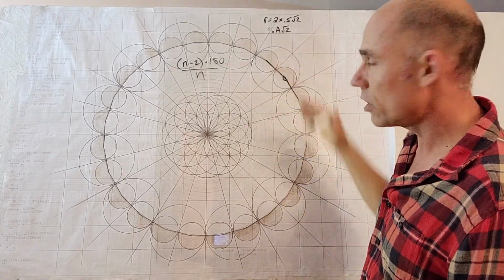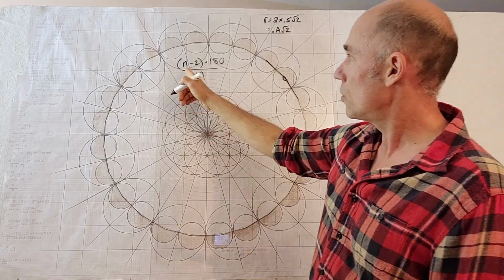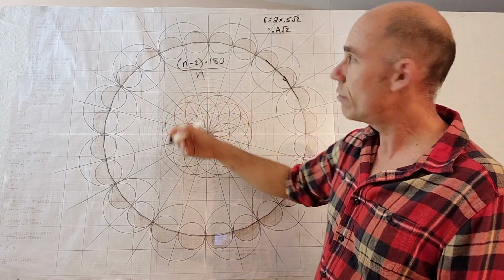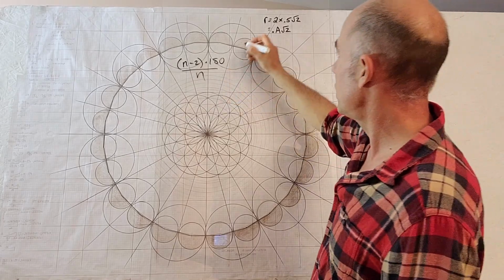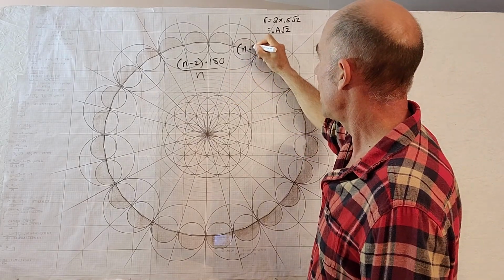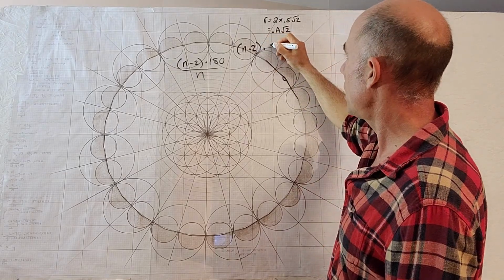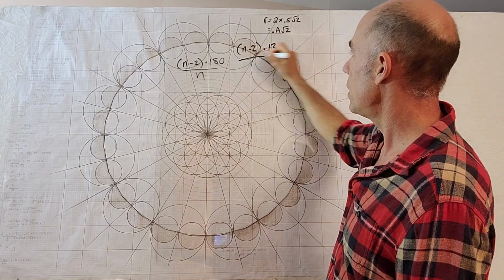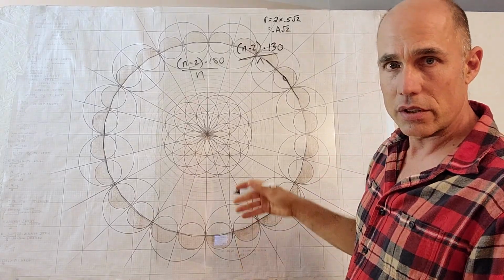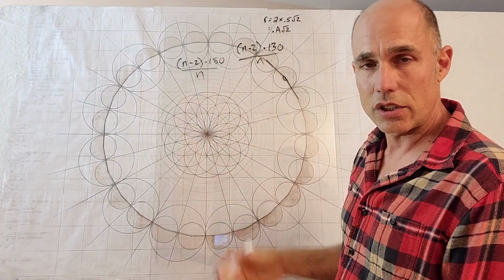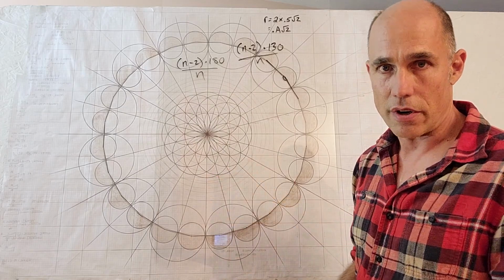So this is a polygon with 24 sides. So n in this section is going to be 24, and the base 12 version of this calculation is basically the same thing, n minus 2, but we're going to be multiplying by 130 instead of 180. So what I'm going to do now is quickly do those calculations and show you what the results are.